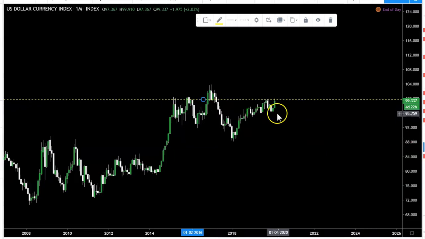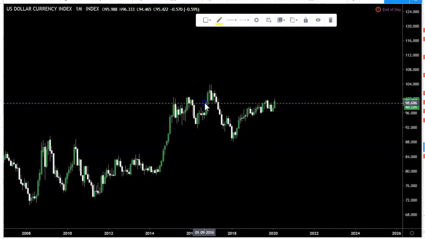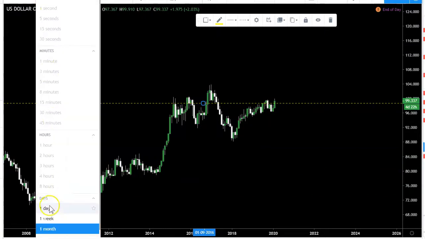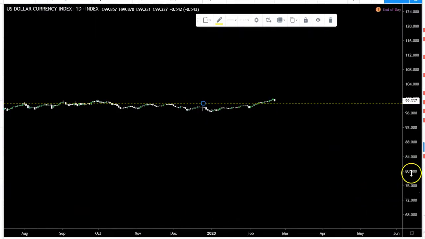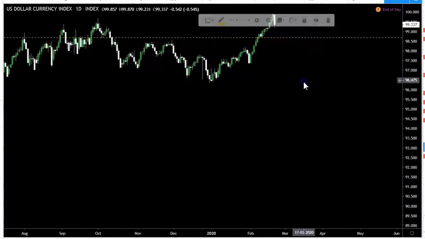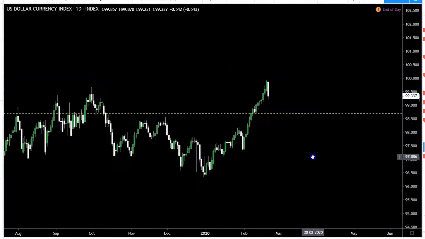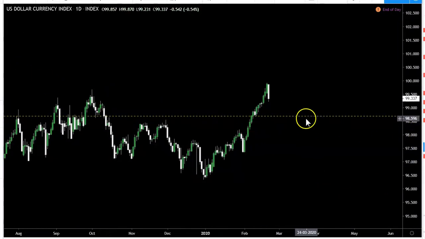And so if we can get up above this 99 area, we can have a retest of back up here at 102. So I'm watching this with interest. And if we just come back to the daily chart, you can get a feel for right now today. It's come back, but I'm looking for the bounce of these key areas.